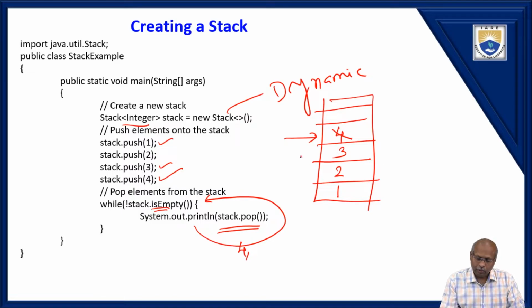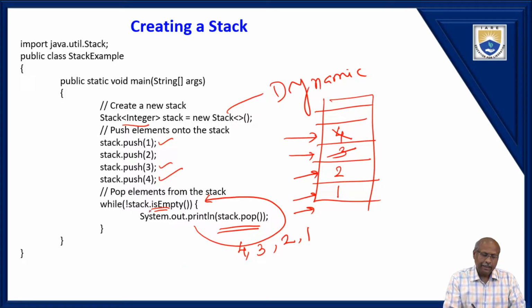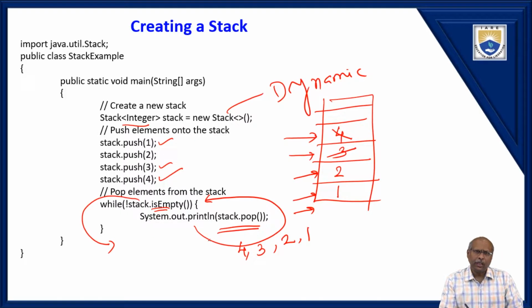Now 3 will be popped out. Then 2 will be popped out, then 1 will be popped out. After that, it checks again whether the stack has any element. No, so the stack is empty. If it is not empty, go inside. If it is empty, stop.